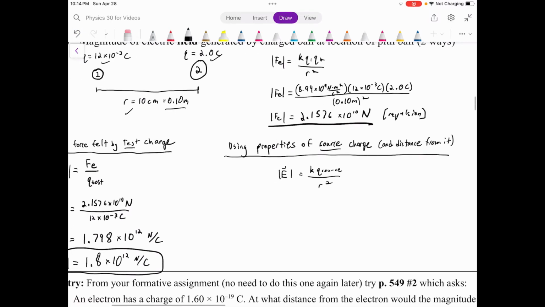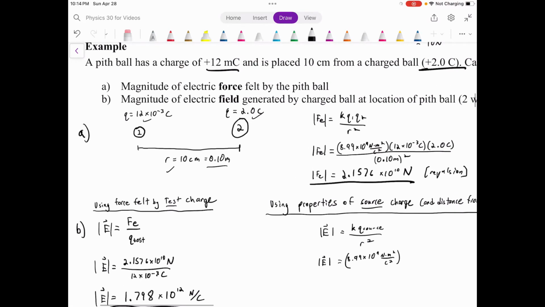Okay, so now we can say, all right, it's still the same K. It's still 8.99 times 10 to the 9 newton meters squared per coulomb squared, okay? But now the charge we need to use is the charge of the thing creating the field we're interested in, right? That's what this equation is for, when you know that information, okay? And now really what we're doing is we're just saying, who cares about this point, right?